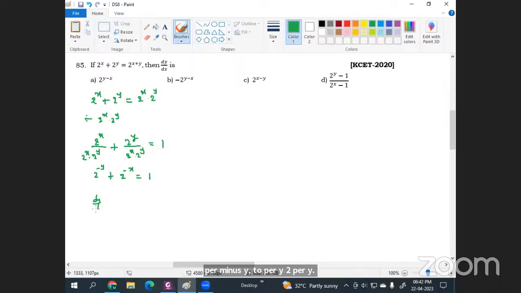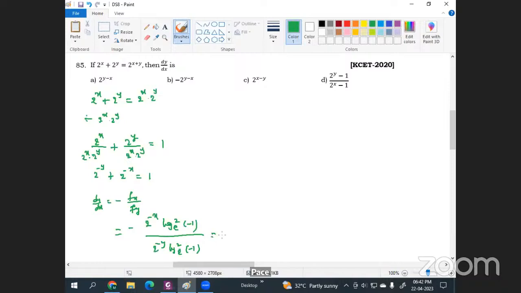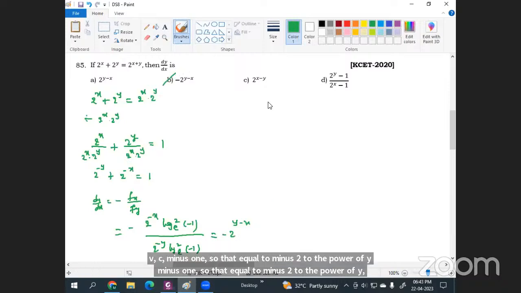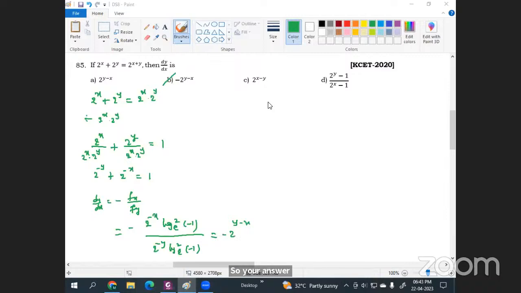So dy by dx equal to minus fx by fy, concept we can apply. Then minus f of x is 2 power minus x into log 2 base e minus 1, by 2 power minus y log 2 base e minus 1. So that equals minus 2 to the power of y minus x. So your answer is the second option. Correct? So B is right, Nagapriya has given the B option. Right, good.